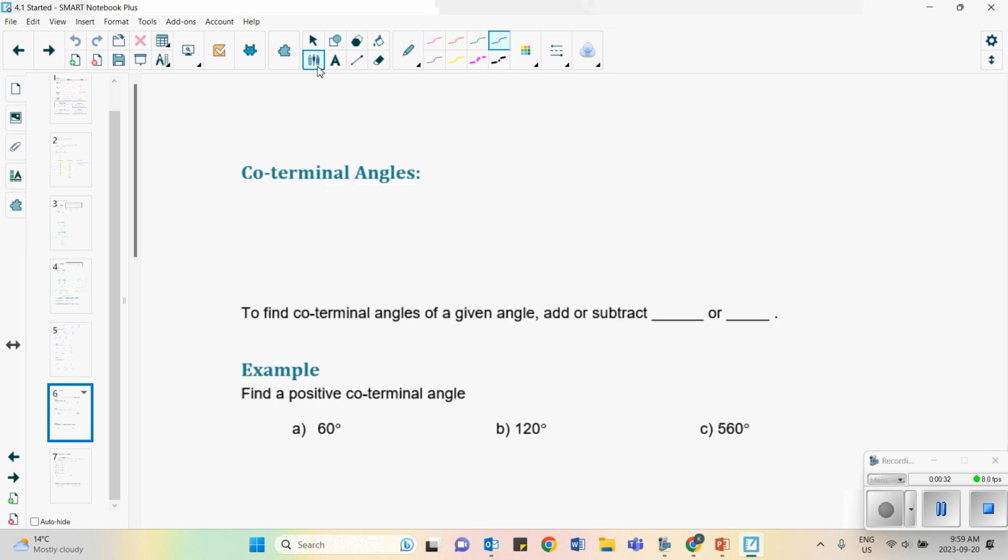Okay. Co-terminal angles. So this is where we left our page today. Co-terminal angles are angles that share the same terminal arm.